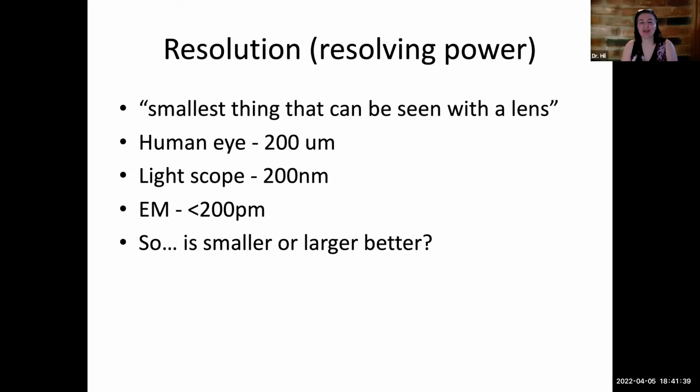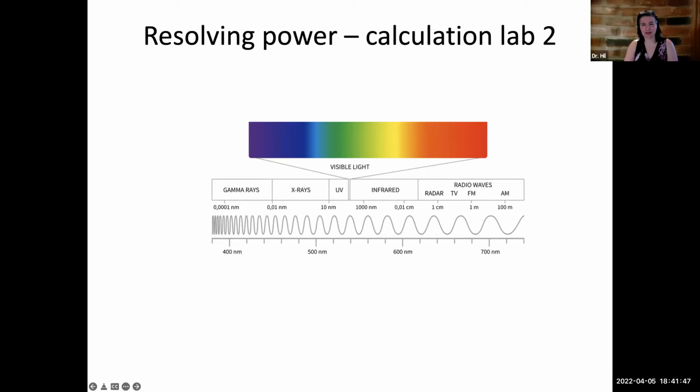Right. The smaller the resolving power, the better, the more detail we're going to be able to see. That's absolutely correct. Now, we can calculate resolving power.